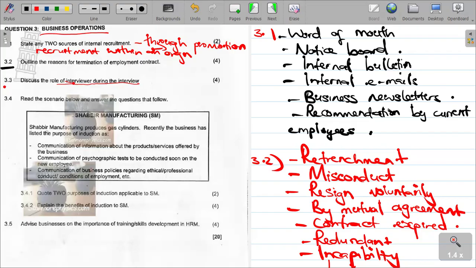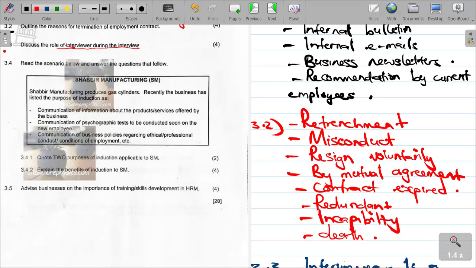Let's go to question 3.4.1. Quote two purposes of induction applicable to SM. These are the purposes. One, communication of information about the products, services offered by the business.